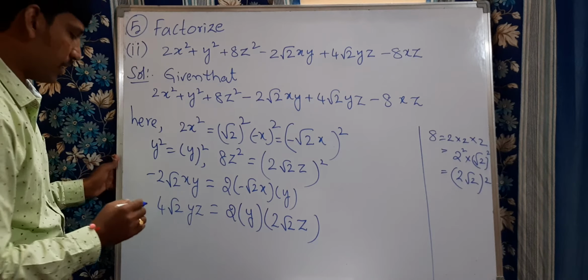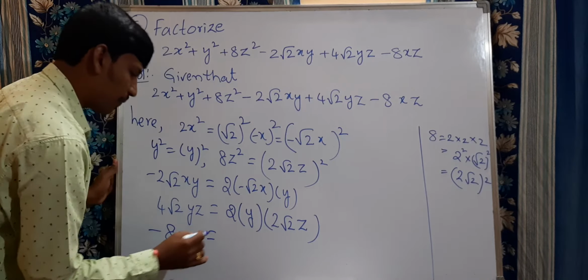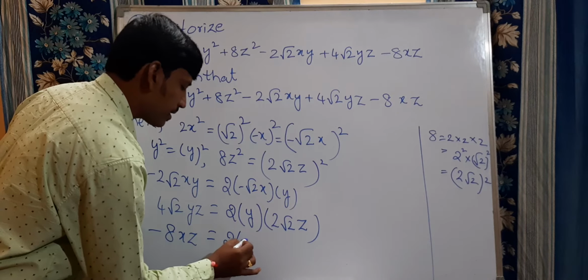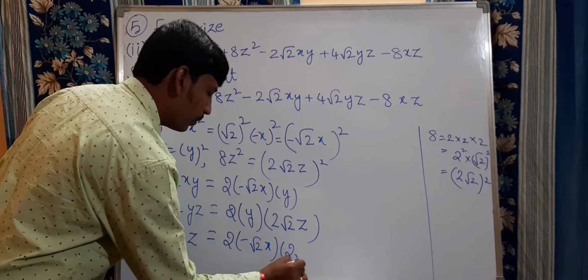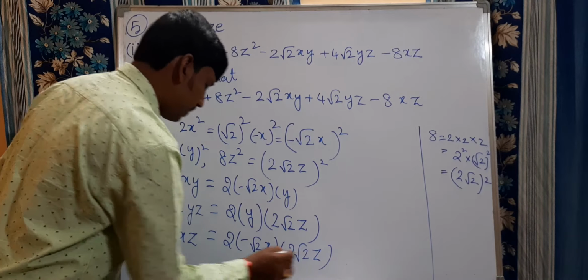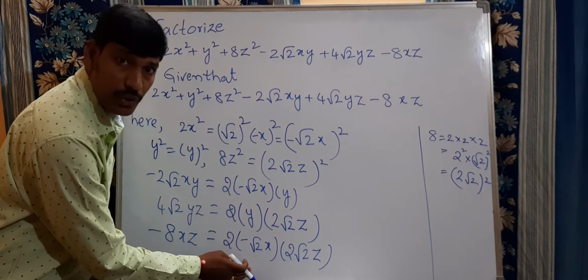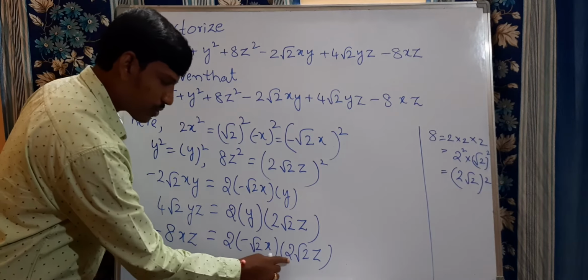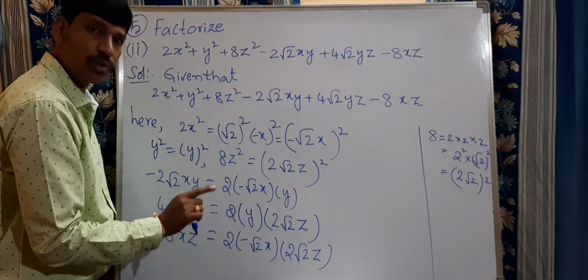Now the last term, minus 8xz, is equal to 2 into minus root 2 x into 2 root 2 z. I just wrote the x term and z term in the place of xz. See, the x term is minus root 2x, the z term is 2 root 2 z. See this here, 2 2s are 4, root 2 into root 2 is 2, so 4 into 2 is 8, minus is minus, x into z is xz.